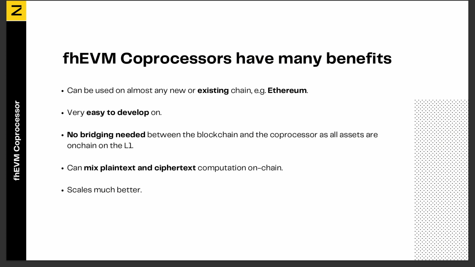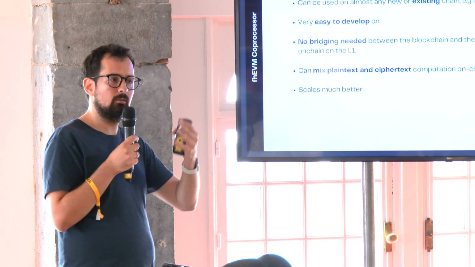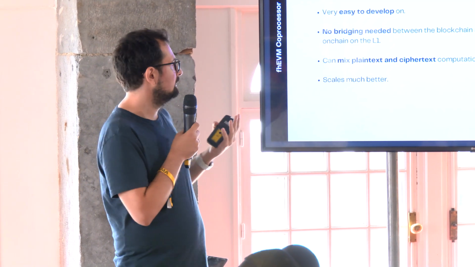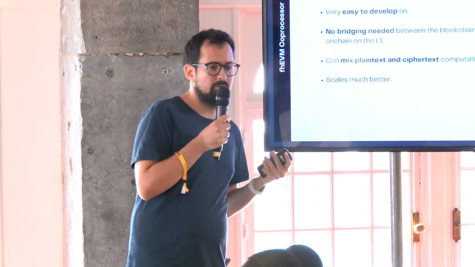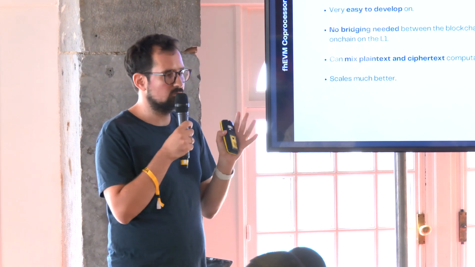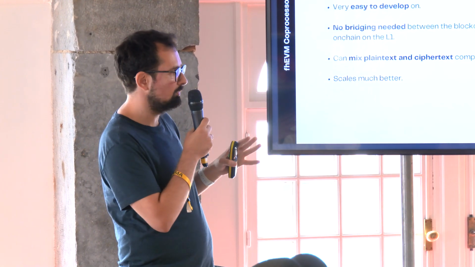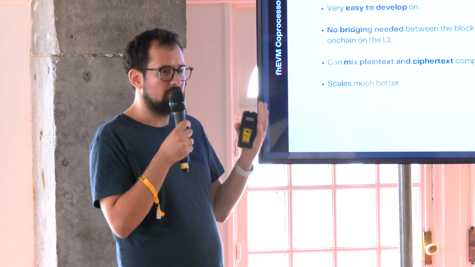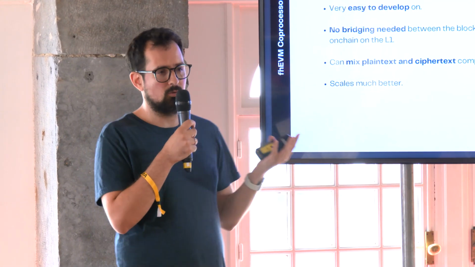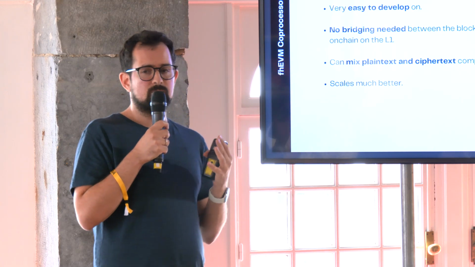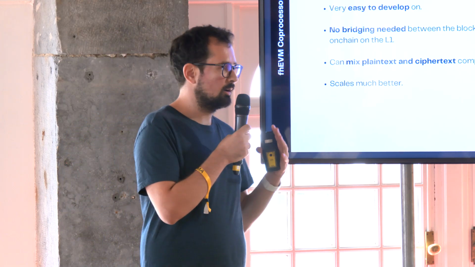And the benefit of doing it this way is that we don't have to change the blockchain, so we can do it on almost any blockchain. We can do it on Ethereum. And this makes it very easy to develop, because developers don't have to change networks, users don't have to change networks, they only interact with Ethereum, only a single endpoint. All the assets are on the L1, there's no bridging. You can easily mix and match plain text and encrypted computation.